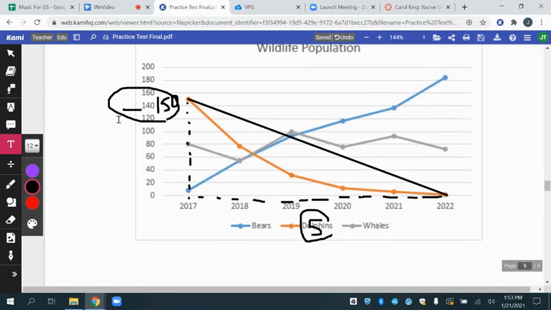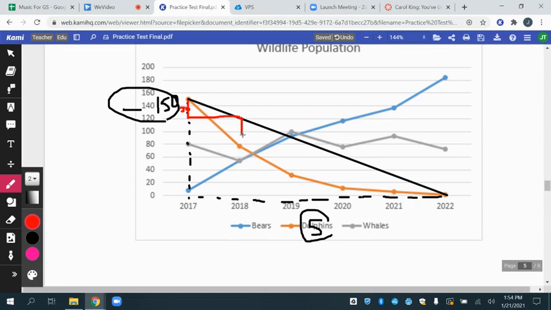Let's see if that makes sense. If I go for the first year, 2018, we have about 120. We lose 30 in 1 year.